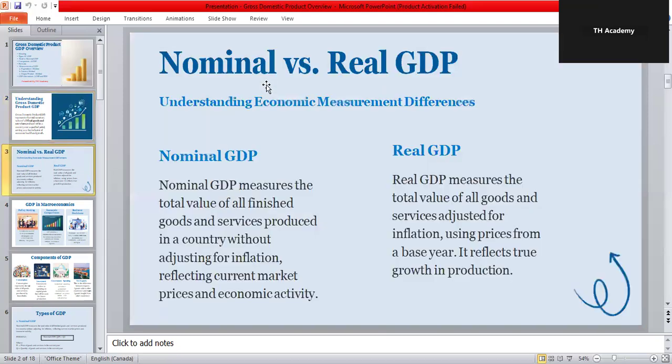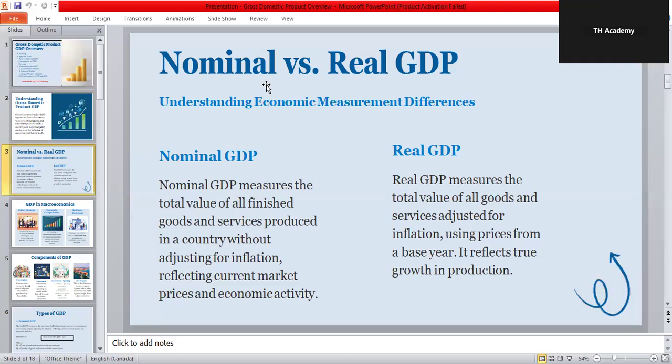Now, basically, there are two main types of GDP that economists talk about, nominal and real GDP. Nominal GDP measures the value of goods and services at current prices. This means it includes inflation. For example, if prices go up, nominal GDP will rise, even if the amount of goods and services has not changed.